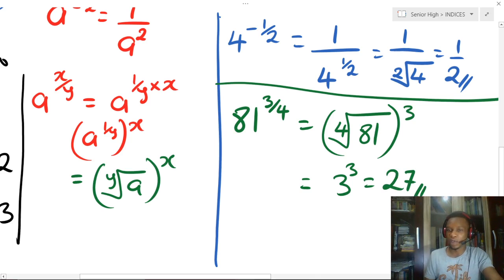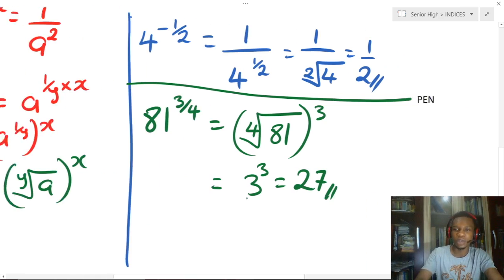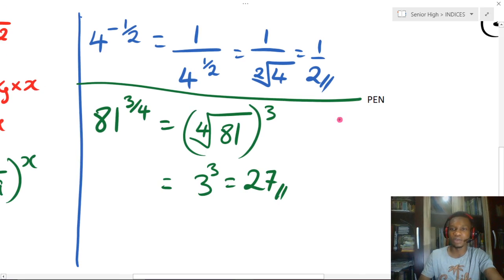Now this is good and fine. What if we're given 81 raised to the power of minus 3 over 4?